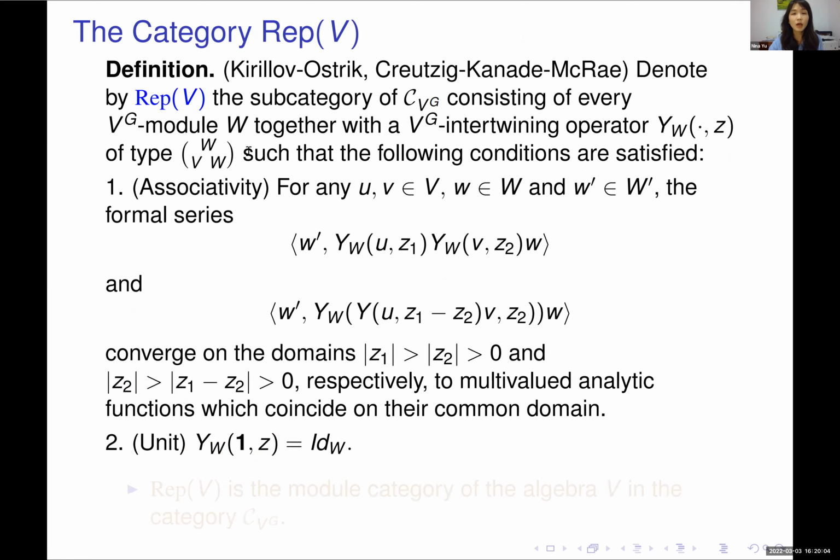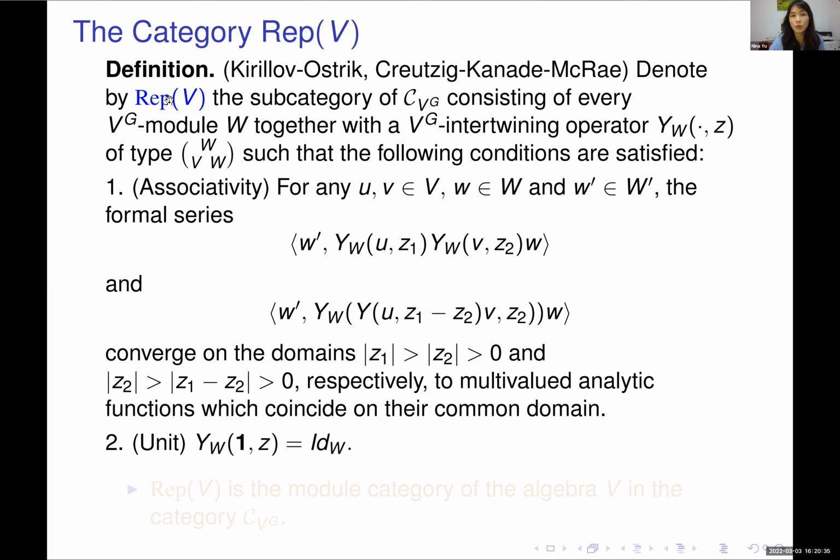Now this result is from Kirillov, Ostrik, and also Creutzig, Kanade, and McRae. So if we denote by Rep V the subcategory of this category CVG, which consists of V-modules together with some intertwining operators satisfying some conditions like associativity and the unit condition.